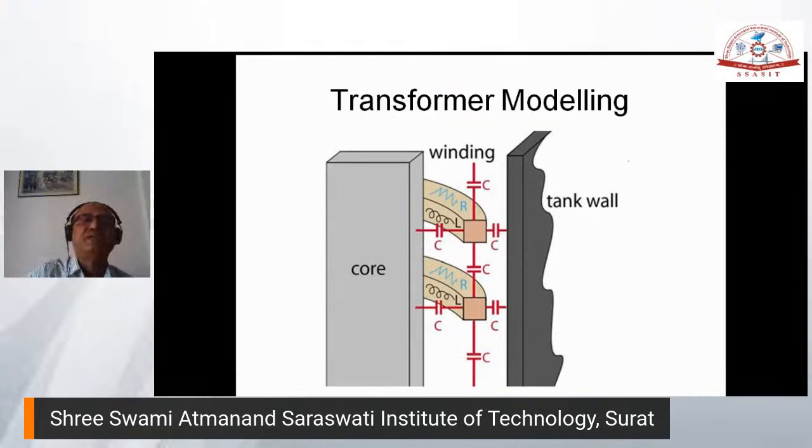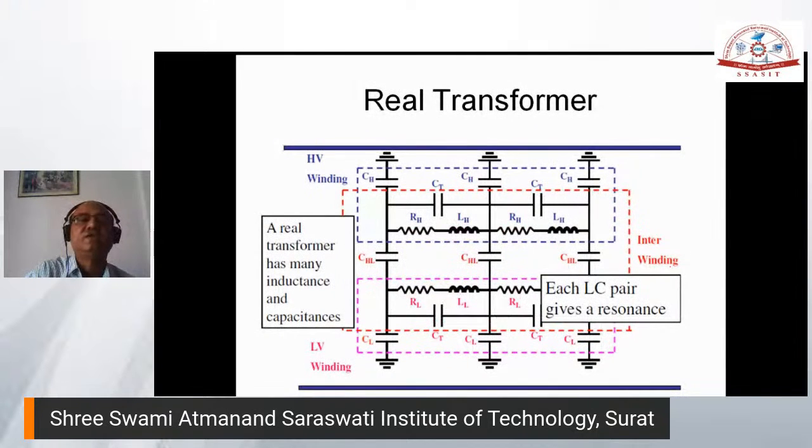So this is a typical diagram. Each turn is going to have some capacitances from the turn to the core, from turn to turn, and from turn to the tank, and each turn is going to have inductances and resistances, and that is going to make a complicated RLC circuit.